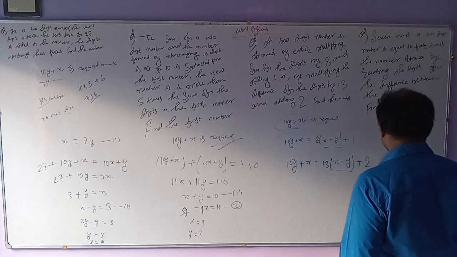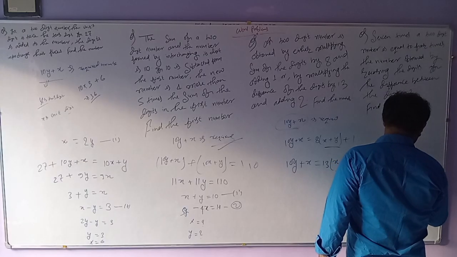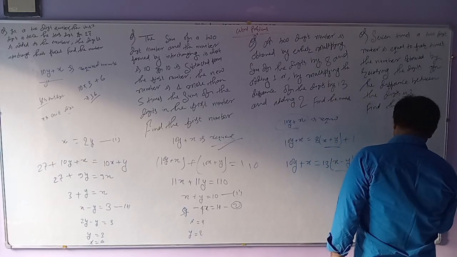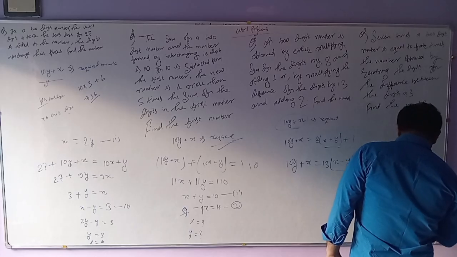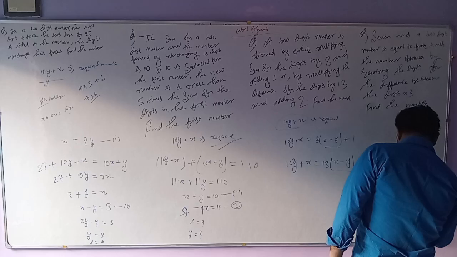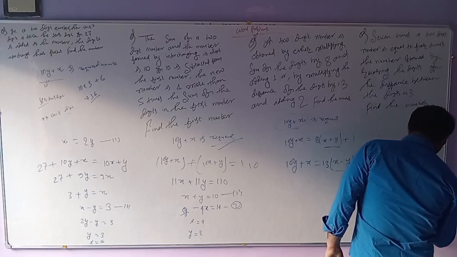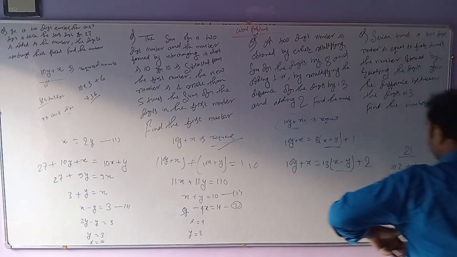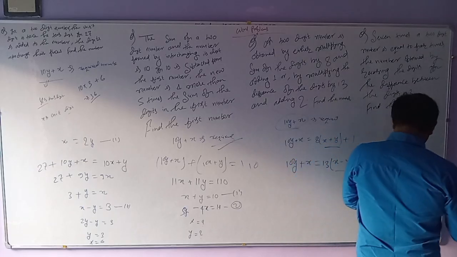Suppose we have a number like 21. When we break it into tens and unit digits, we get 2 as the tens digit and 1 as the unit digit. So it is impossible to subtract the tens digit from the unit digit here.